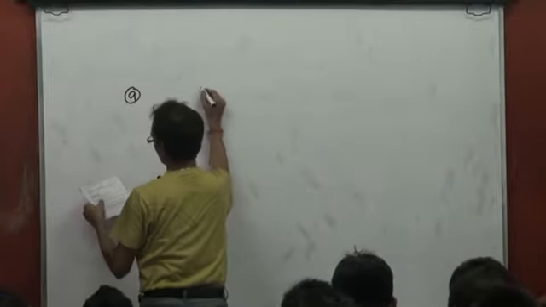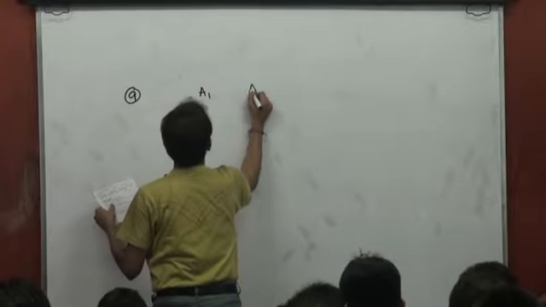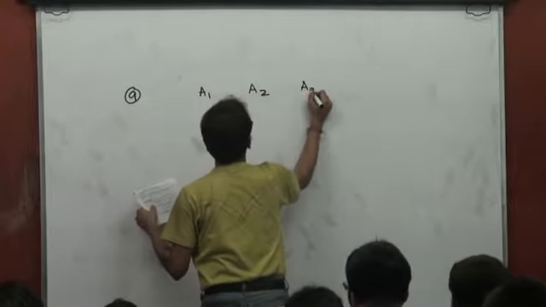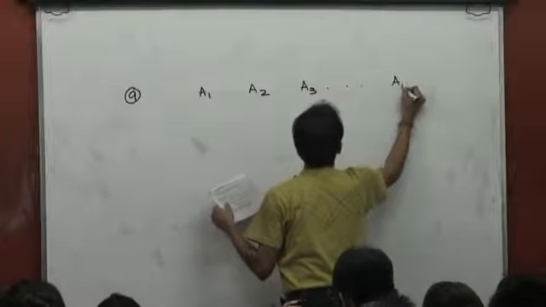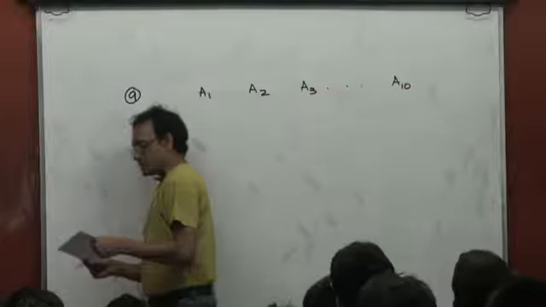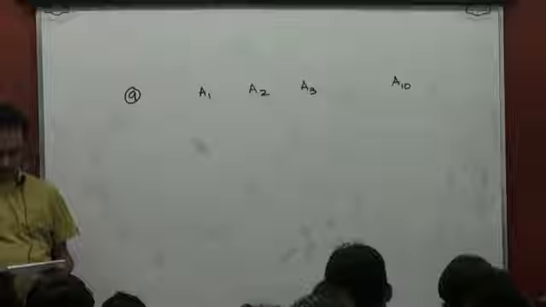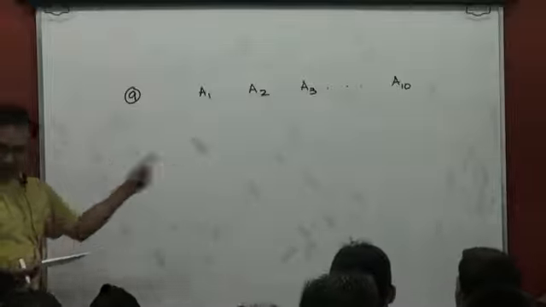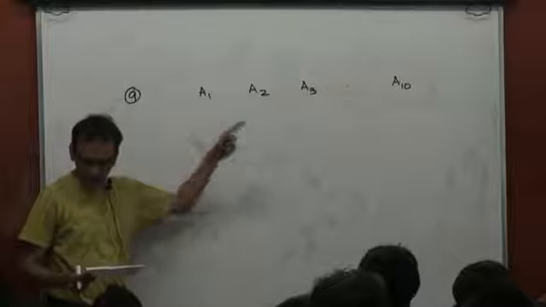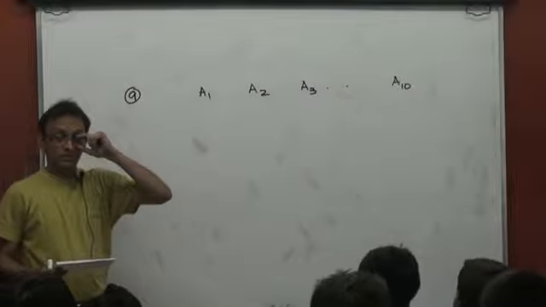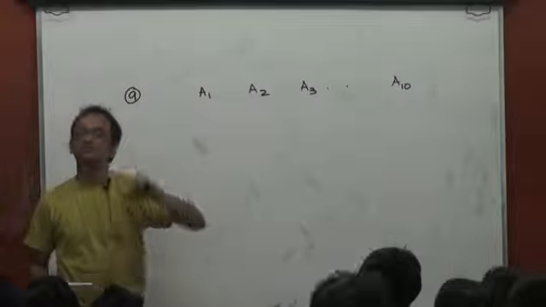Number 9. There are 10 candidates A1, A2, A3, up to A10, and they have to be ranked. That means arranged, such that A1 is always above A2.